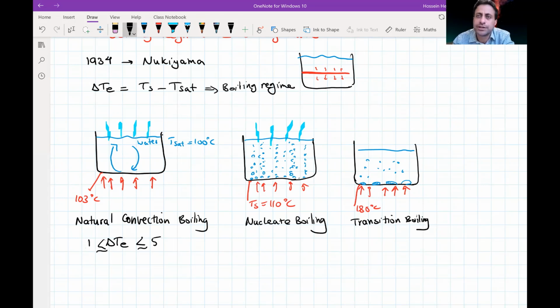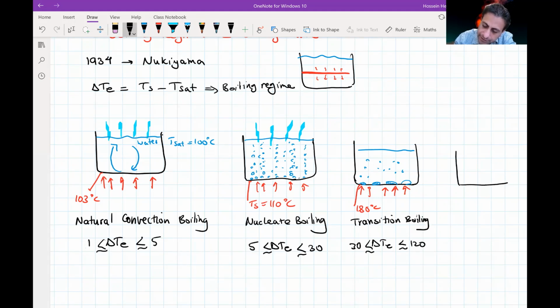Transition boiling happens after nucleate boiling, which is delta T_e between 5 and, let's say, 30. When delta T_e is around 120, greater than 30, we have this transition boiling.